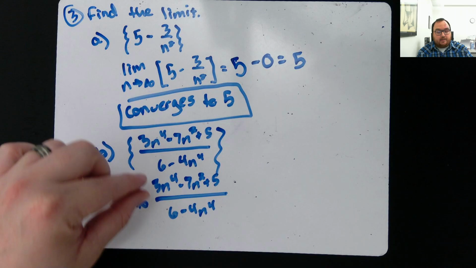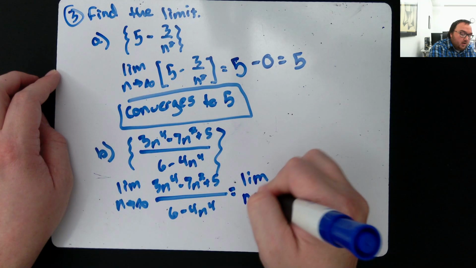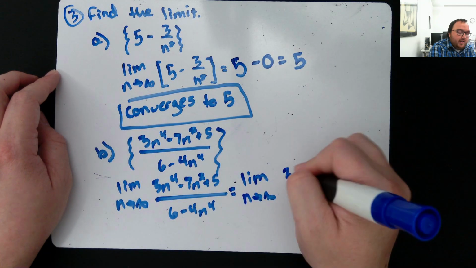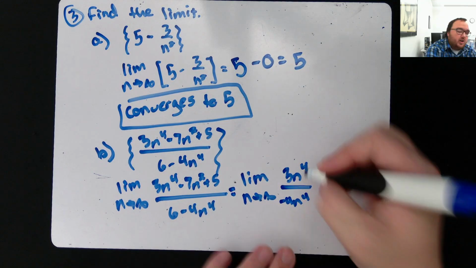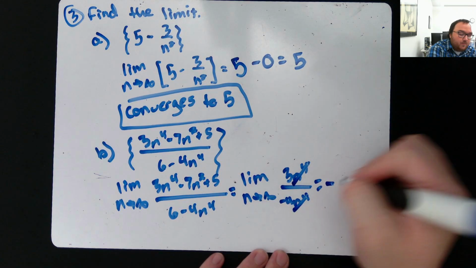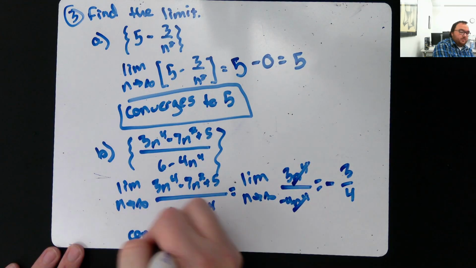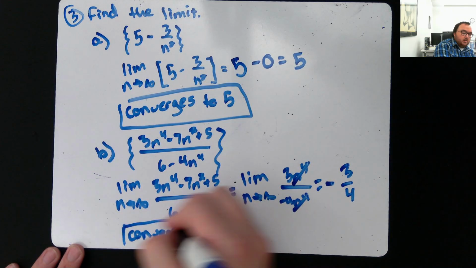The largest term on top is n to the fourth, so I'm going to take 3n^4. On the bottom, it's negative 4n^4. We'll look at what happens here. The n^4 cancel out. The limit of 3 over negative 4 is negative 3/4. So this converges to negative 3/4. That's what it means.